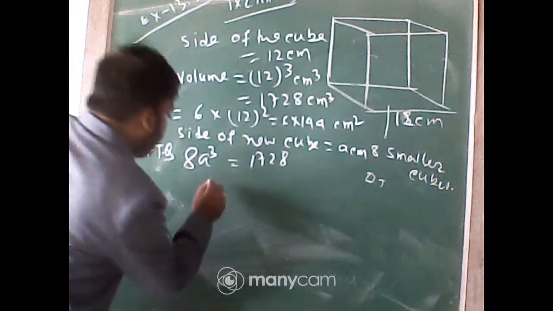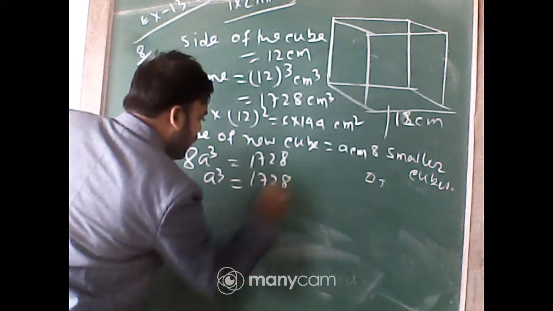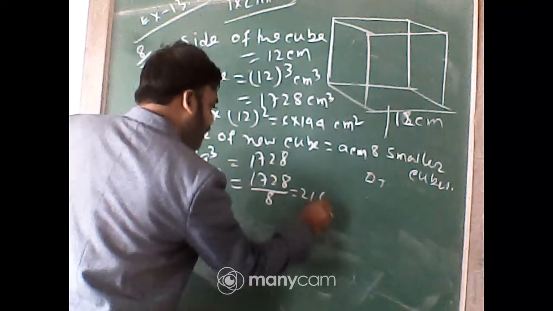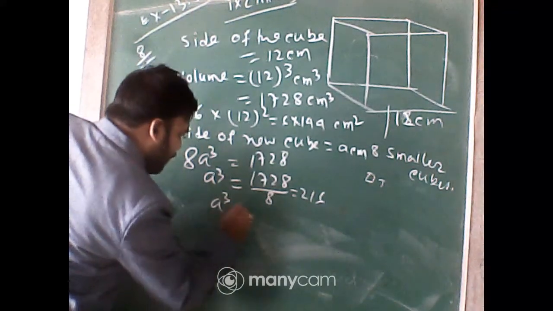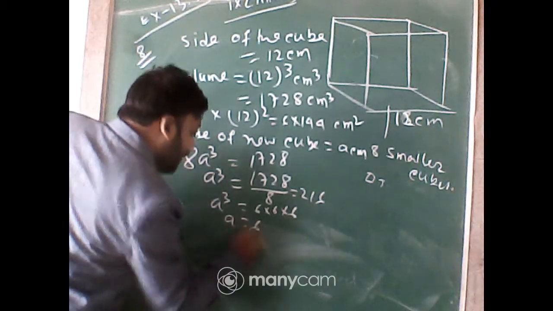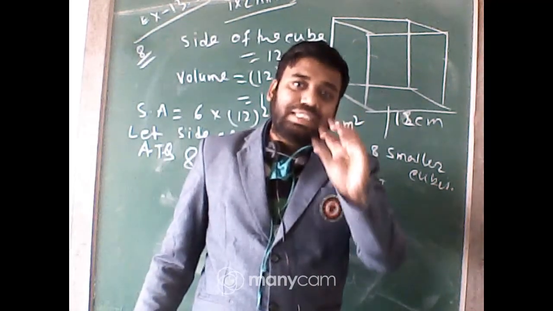So 8 a cube equals 1728, so a cube equals 1728 by 8, that is 216. What will be the value of a? 216 means 6 into 6 into 6. So a equals 6.